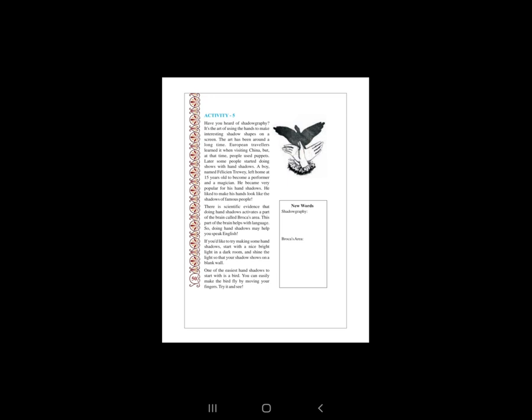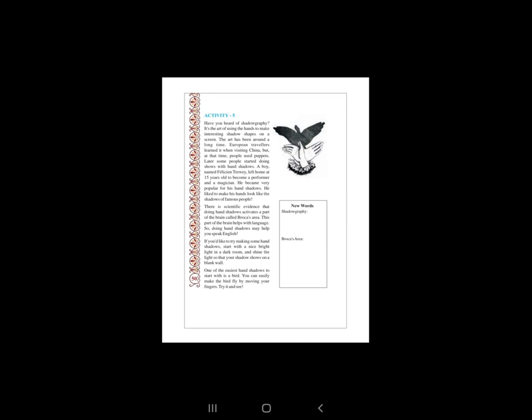Then, second paragraph's first question, how is doing hand shadows advantageous? The answer will be: doing hand shadows activates a part of the brain called Broca's area, which helps with language.